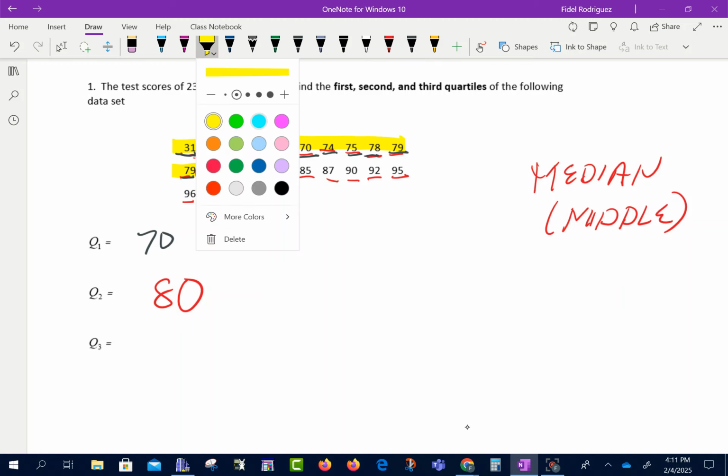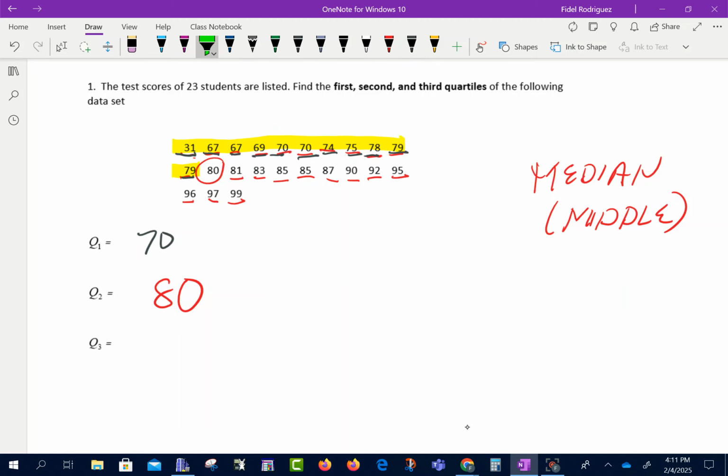And then the way we're going to find our Q3, y'all, is we're going to look at all of these numbers and play that same game. So look, 81 and 99, 83 and 97, 85 and 96, 85 and 95, 87 and 92. My Q3 here is 90.